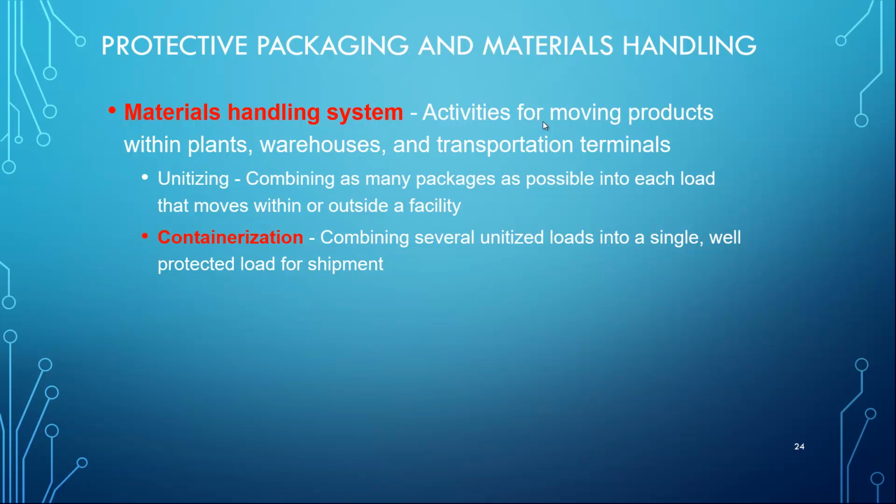One of the concepts that you will hear very often is containerization, which is the process of combining several unitized loads into a single well-protected load for shipment in a container. So we can put all these shipments together and ship that, which will lower the cost.